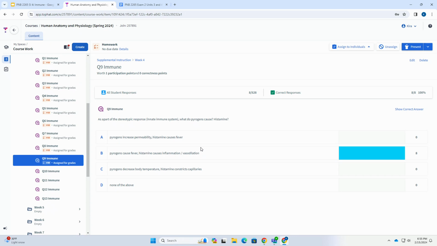Yeah, so pyrogens cause fever, and histamine causes inflammation. So another way to think about these is both of these try to help you get as many white blood cells to the infection site as they can.